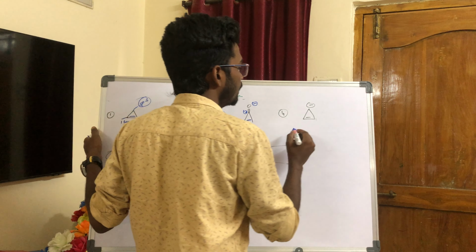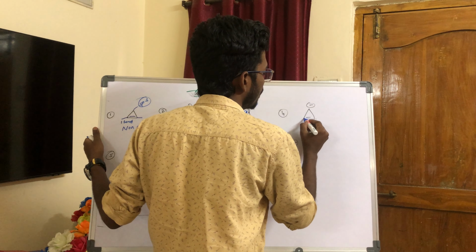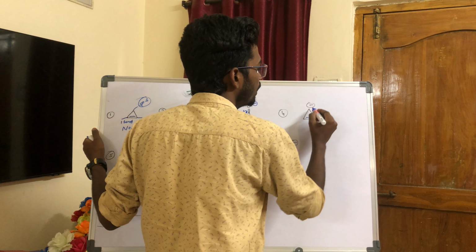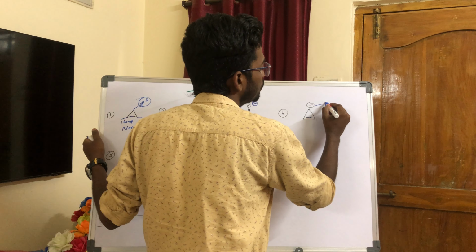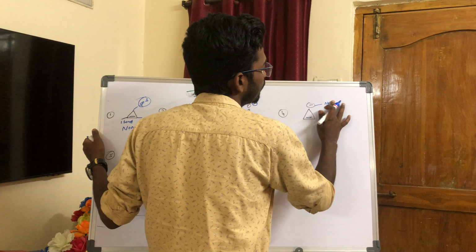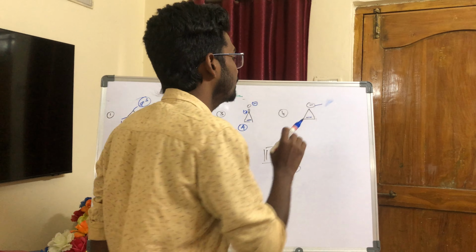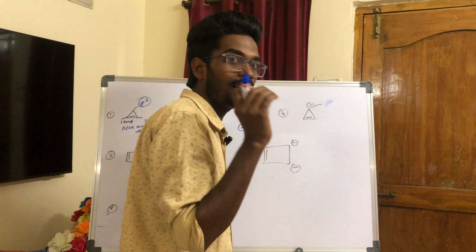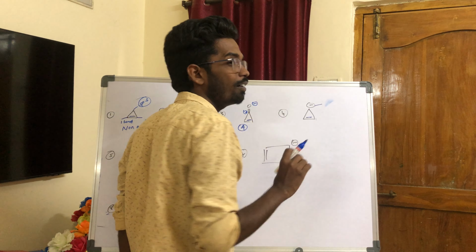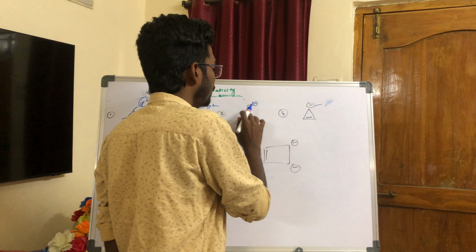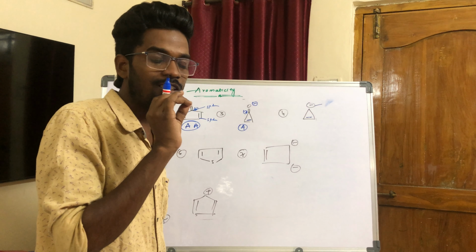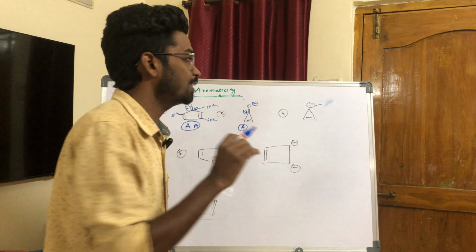Coming to this one, here we have one bond and a negative charge. We are going to consider this negative charge also. Why? Because a negative charge means it has electron density. So here we have one electron density. Here we get a positive charge, which has no electron density.